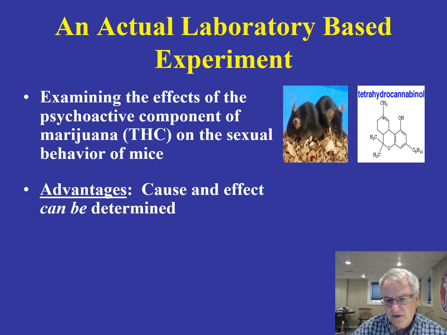But notice that this experiment that I described to you is one in which we really can determine cause and effect. We can say the conclusion of the study is that THC causes a reduction in sexual behavior. It's a result that is very reliable. It's a result that many scientists have now found.